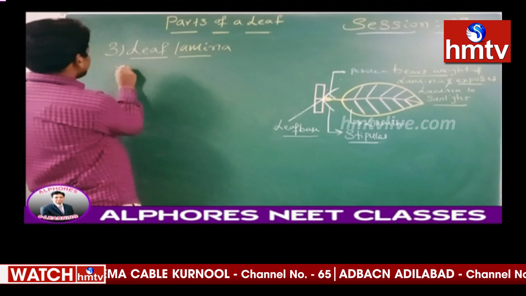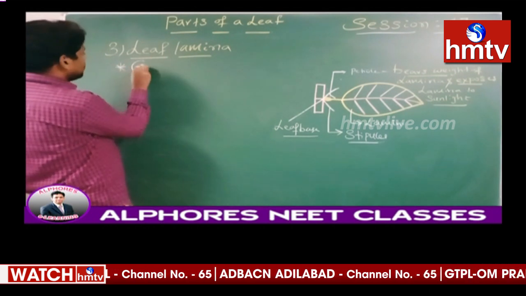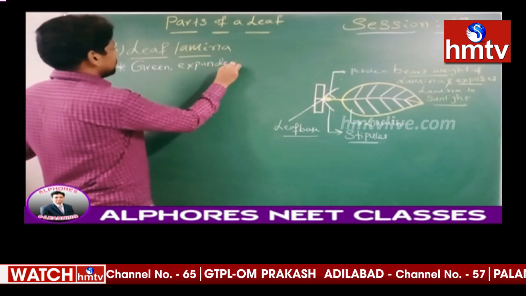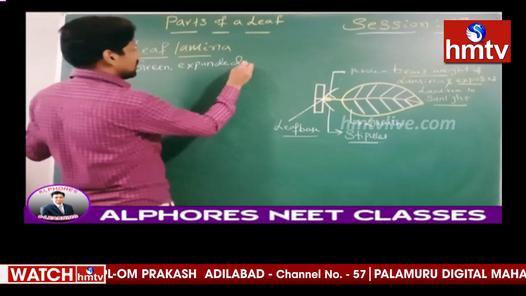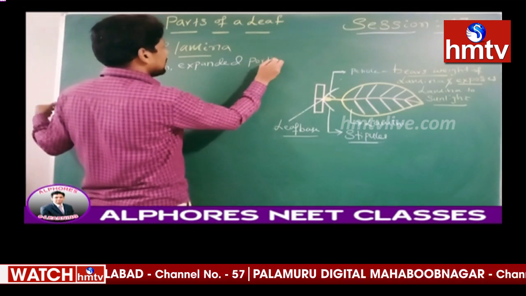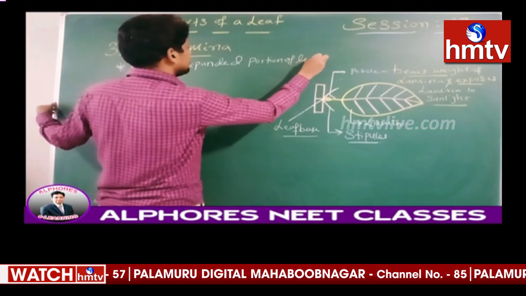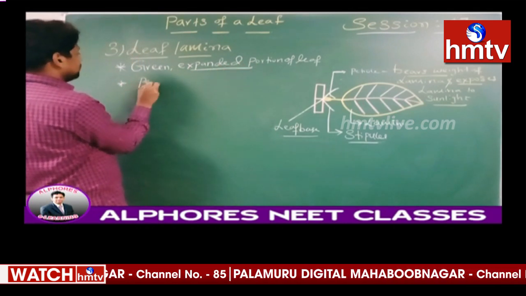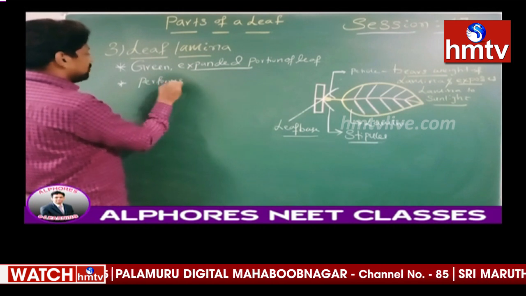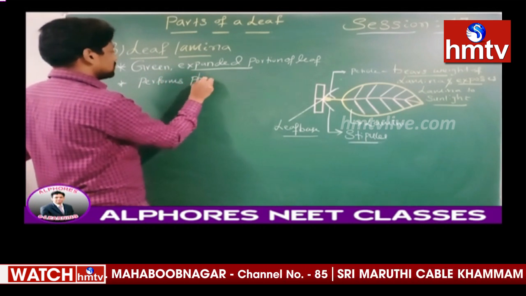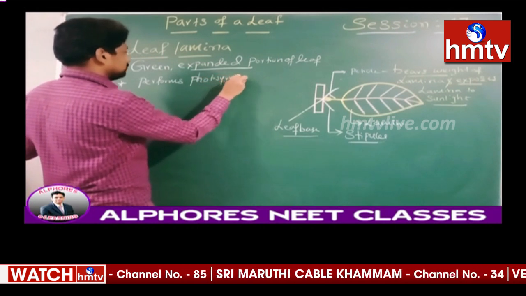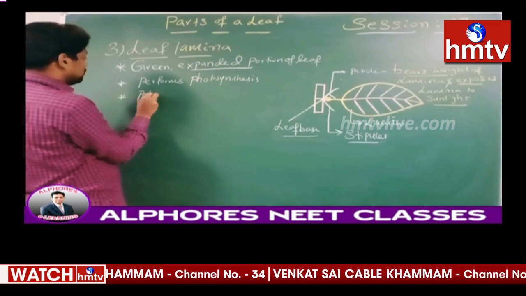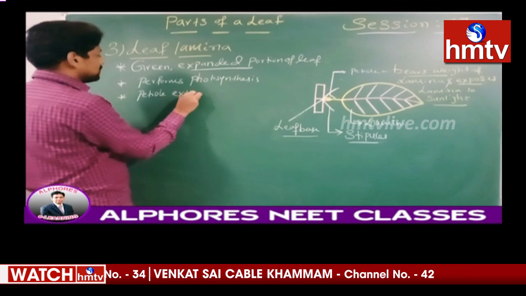Therefore, the leaf lamina, what is it? It is the green expanded portion of a leaf. It performs photosynthesis. Petiole, what is it?